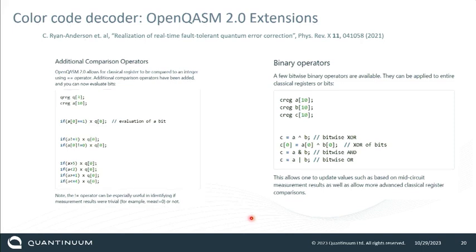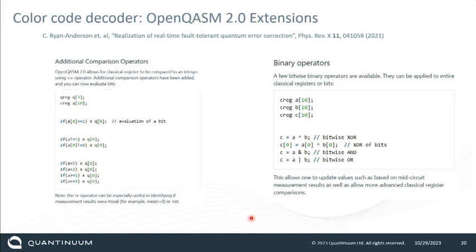Now that's a lot. There's a lot of conditional logic here, a lot of processing of information, and you want to run this on a real quantum computer. At the time of this work, what we had available to us was OpenQASM 2.0, which is a great language, but it is not as expressive as we need to demonstrate something like this. So we took this to our software team, and they came up with these OpenQASM 2.0 extensions.